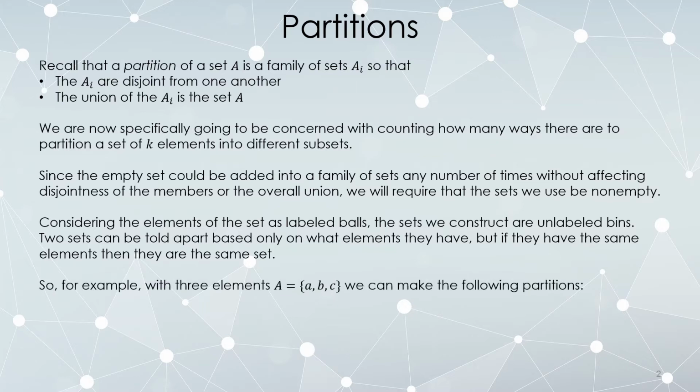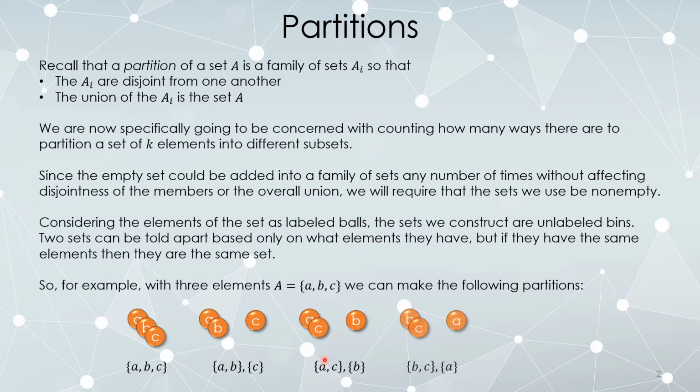All right, so for example, suppose we have three elements, A, B, and C. We can make the following partitions. Either the partition just has the entire set, or maybe we partition it into two sets where A and B belong to the first set and C belongs to the second. Or maybe A and C belong to one set and B belongs to the second. Since the elements of the set {A, B, C} are all labeled, these are different from one another because I can tell a two-element set {A, B} is different from a two-element set {A, C}.